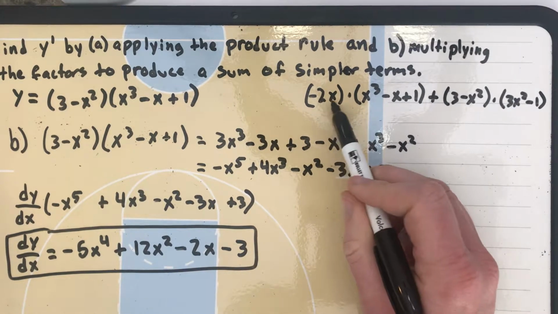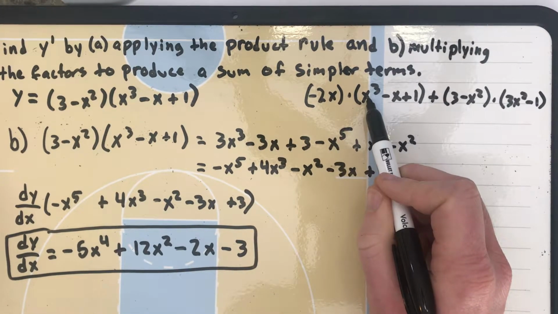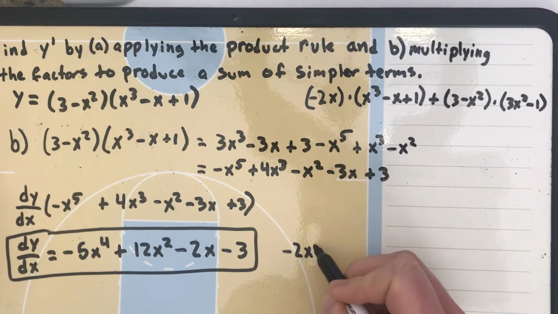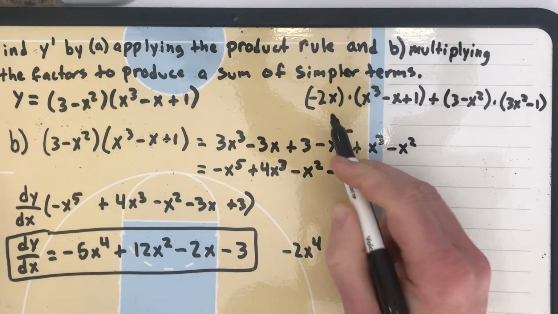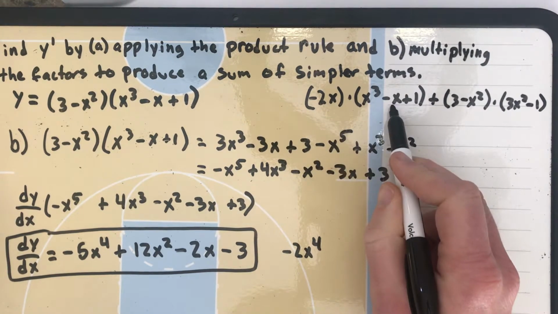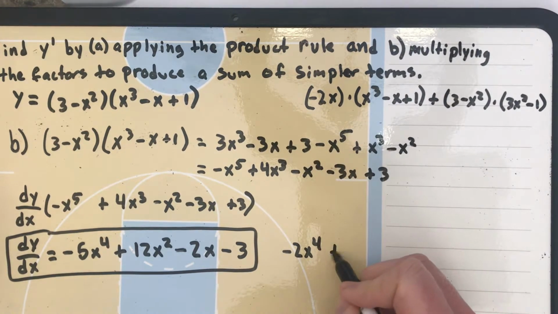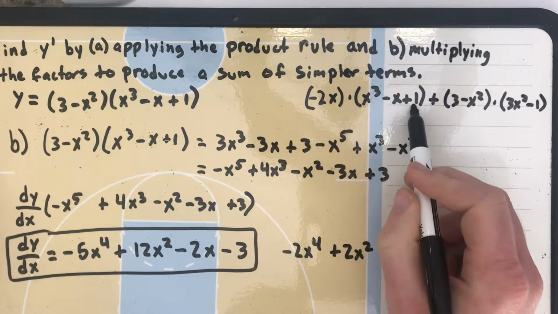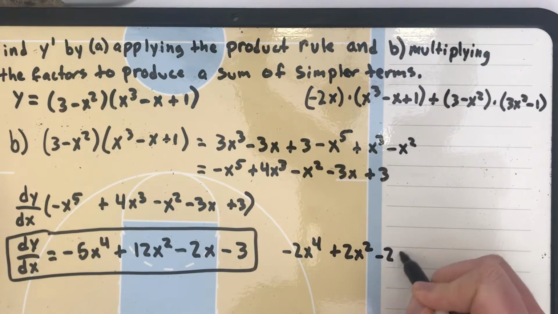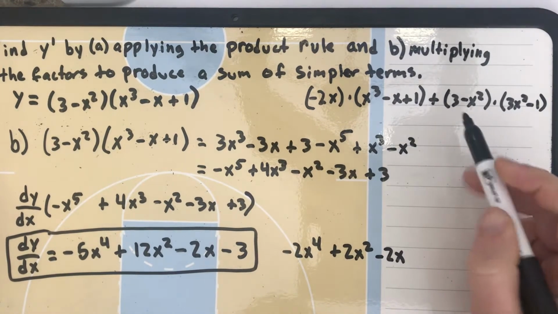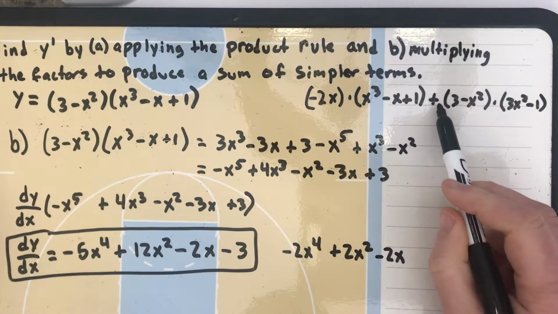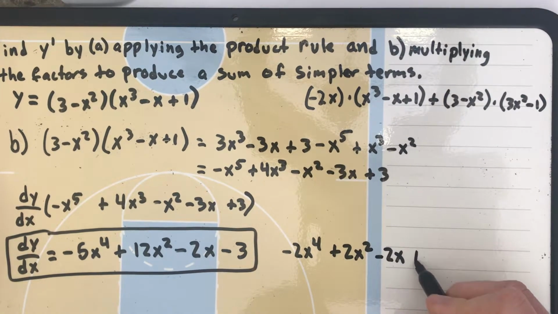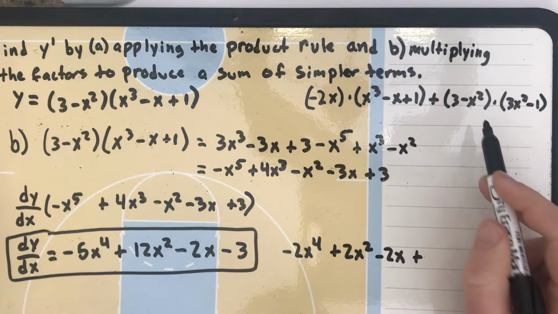Negative 2x times x cubed is going to be negative 2x to the 4th. Negative 2x times negative x is positive 2x squared. Negative 2x times 1 is negative 2x. And then let's multiply this out, so we're going to have plus whatever happens on this side.